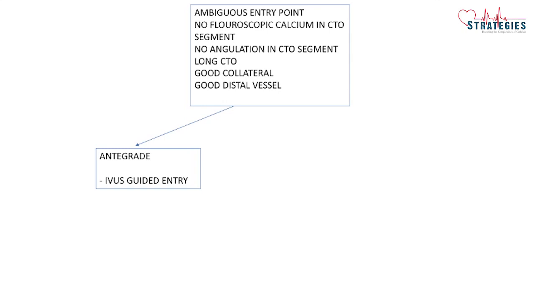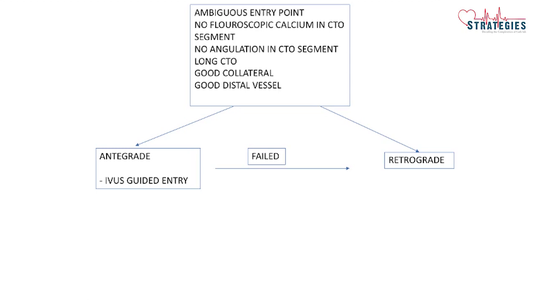Or, because we have a good collateral and good distal vessel, it's almost CC2 collateral, we can go retrograde, either from septal to septal or retrograde from right coronary artery through PDA collateral. As the septal to septal collateral is quite good, we can also try ipsilateral retrograde. So these are the wiring strategies.